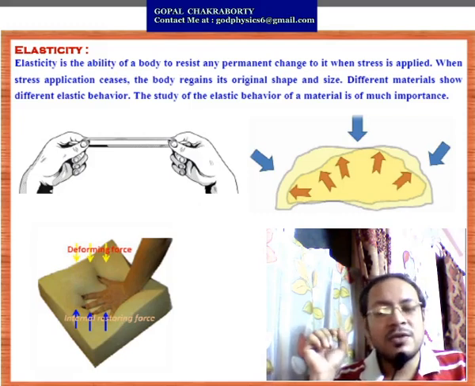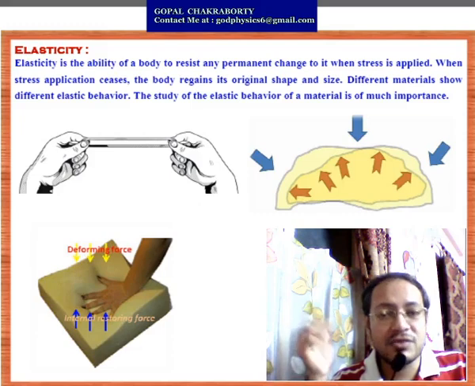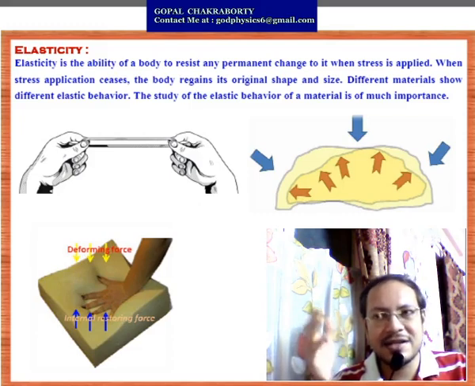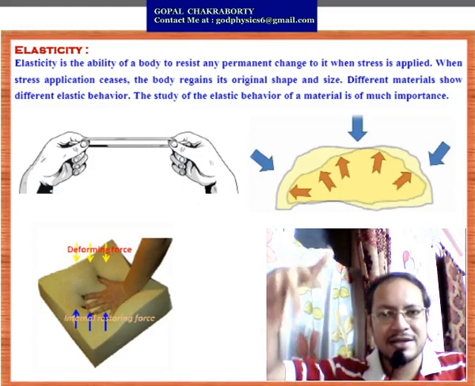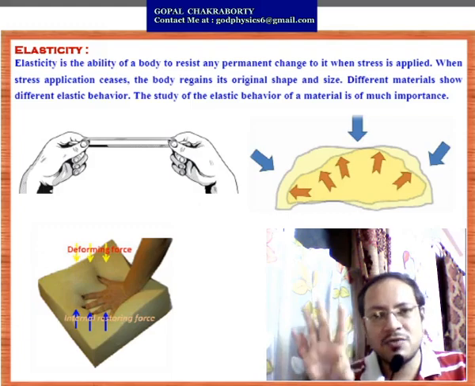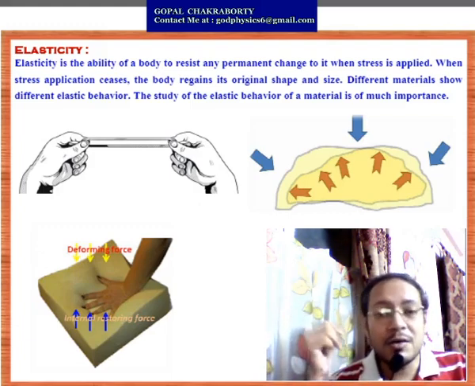Due to the origination of the restoring force, it will again come back to its actual shape and size. Here also I have shown you a body where you have applied the external force from the downward direction, so internally some force will generate in the outward direction to oppose the cause of the change.